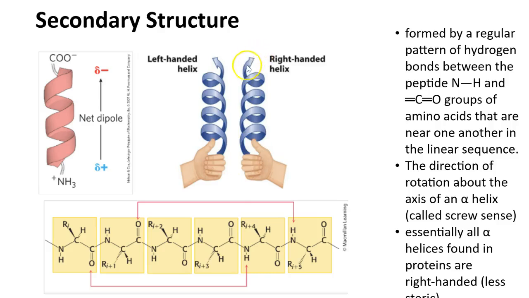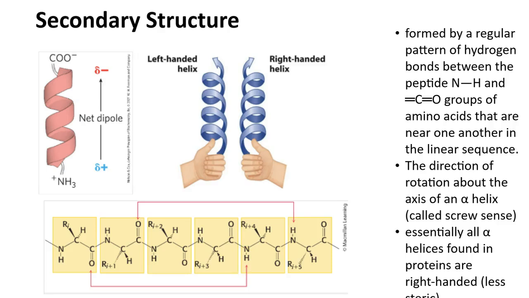It gives this its characteristic of being labeled as right-handed versus left-handed. And remember that these interactions are due to the interaction of the carboxylate group with the amino group. And so these are all hydrogen bonds.